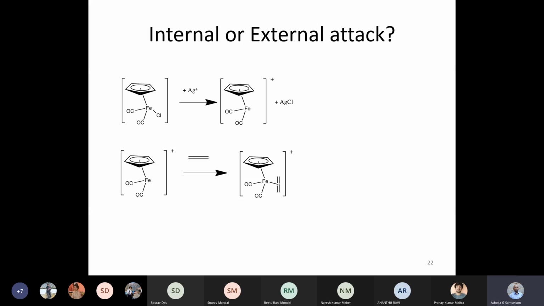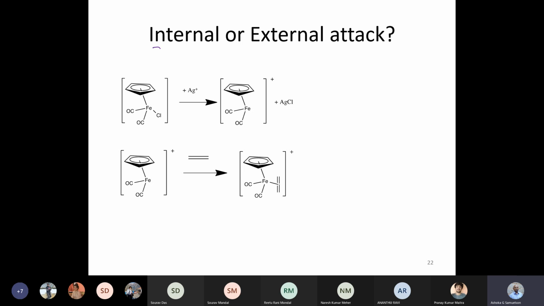Okay, up to now, I have spoken of the insertion reaction as happening within the coordination sphere of the metal. Sometimes there is a confusion if the attacking nucleophile is coming from the metal or is it coming from the external medium.